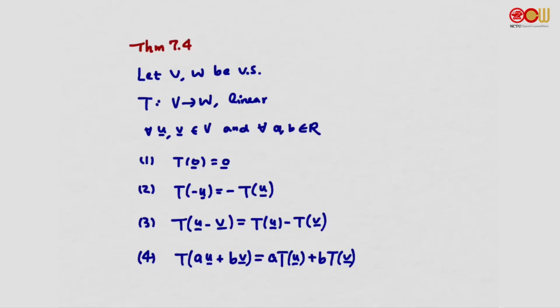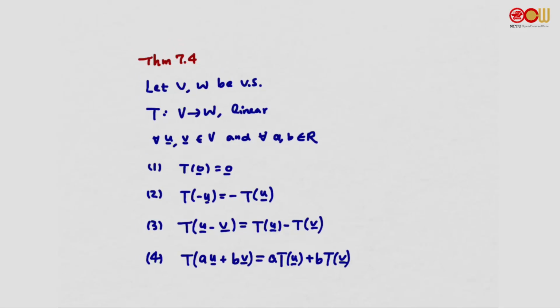And the image of u minus v is equal to the image of u minus the image of v. And the image of the linear combination is the same as the linear combination of the images T(u), T(v). The proof is very similar to what we have in Chapter 2, so we will omit the proof here.